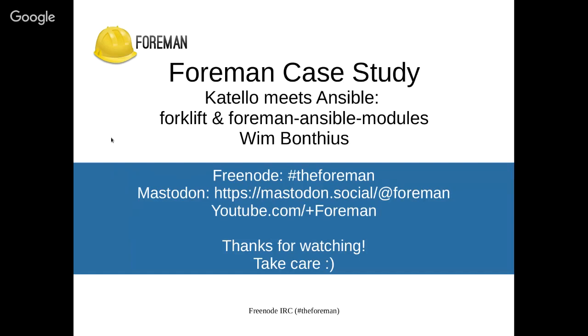I forgot to show one chart. Let's see if I can put it up real quick. Let me see charts, because that shows the current workflow I've set up for this. In the foreman.org documentation, there's a workflow chart.